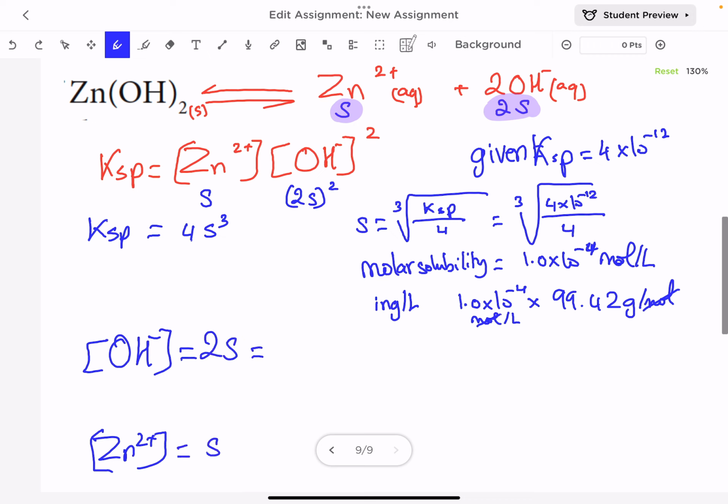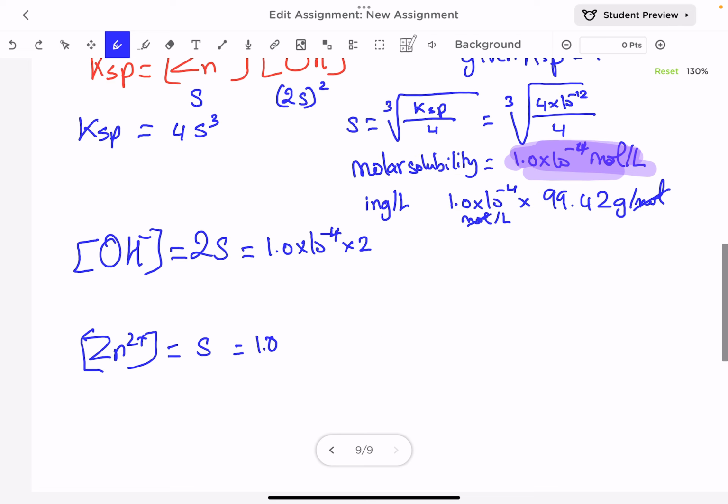So all you need to do is take the calculated solubility and multiply it by 2. And for the zinc, the concentration of zinc is simply equal to the molar solubility of this compound, in mole per liter. And the OH minus is going to be 2.0 times 10 to the power negative 4 mole per liter.